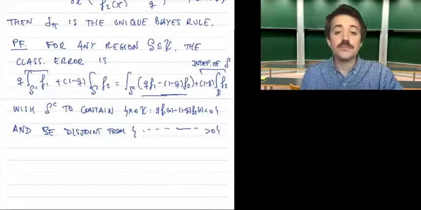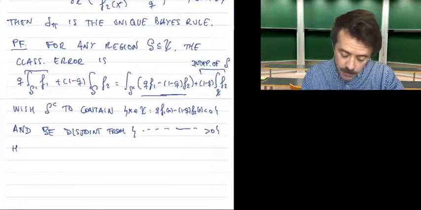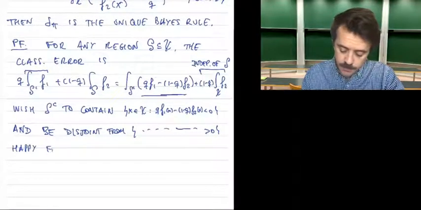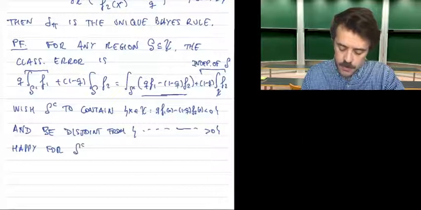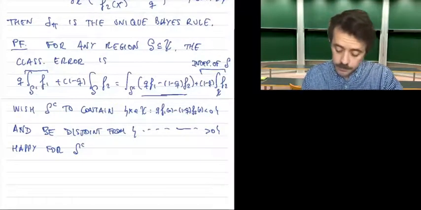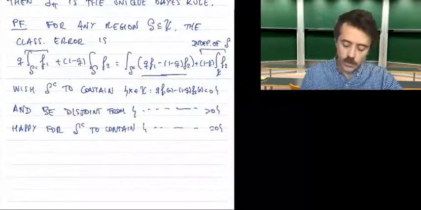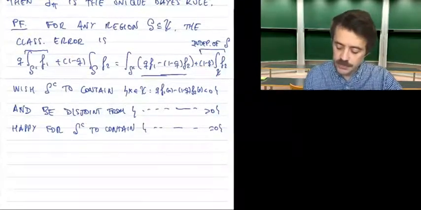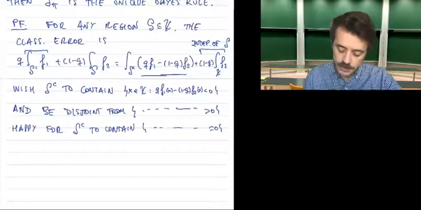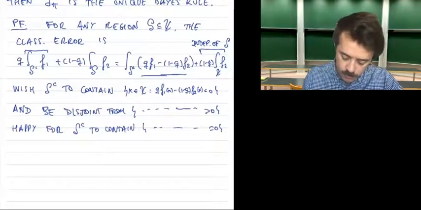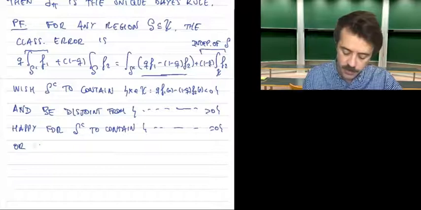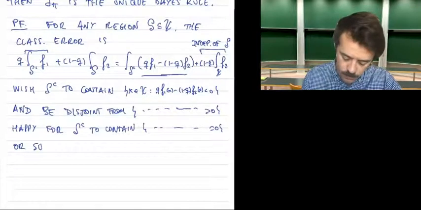And we're happy for this guy to contain the same thing when it equates to zero, or also contain parts of this set in which we have the equality to zero, yeah, or a subset of it.